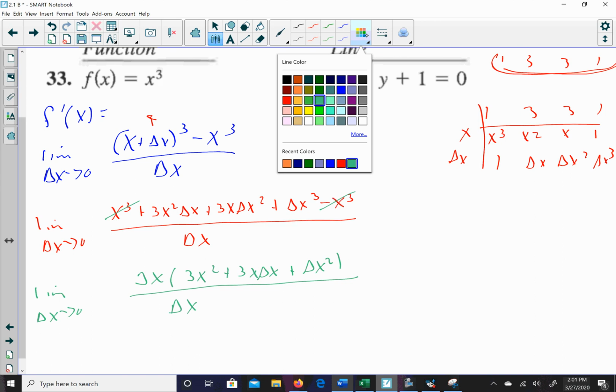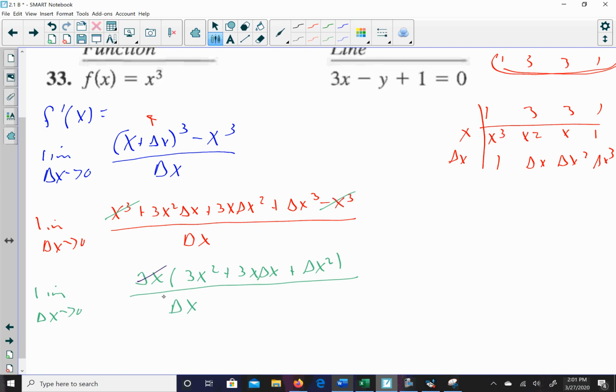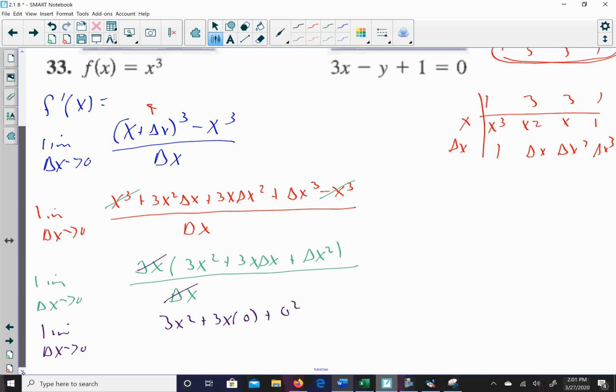The delta x's will simplify. I'm still taking the limit as delta x approaches 0. And when I do that, I'll have 3x squared plus 3x times 0 plus 0 squared. So the derivative will all boil down to 3x squared.